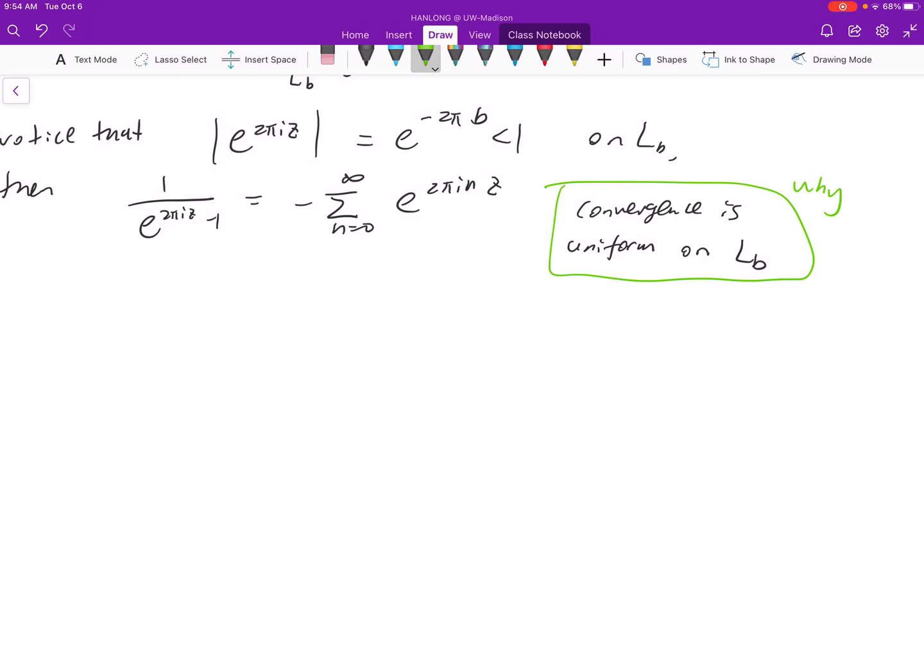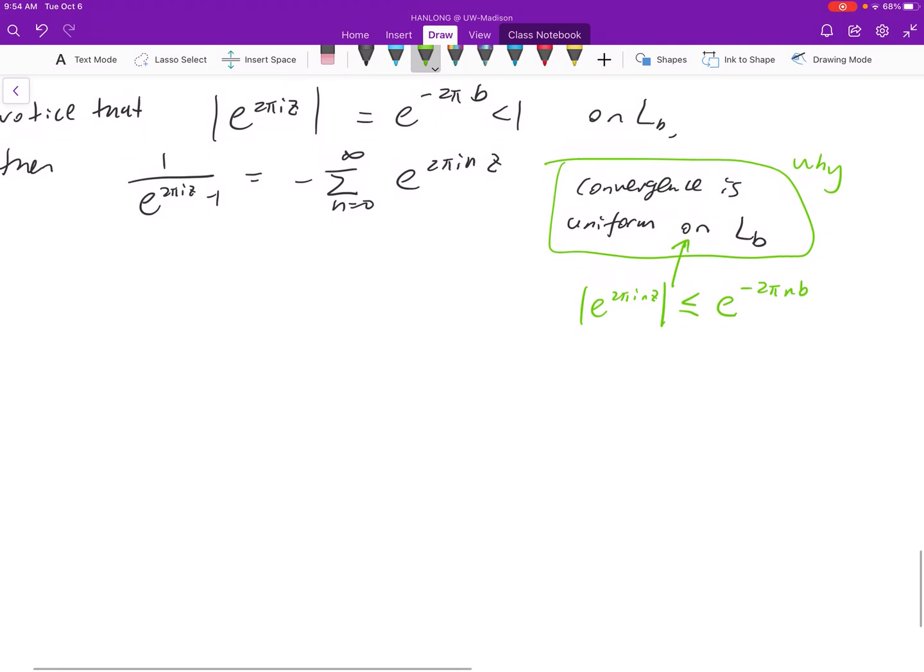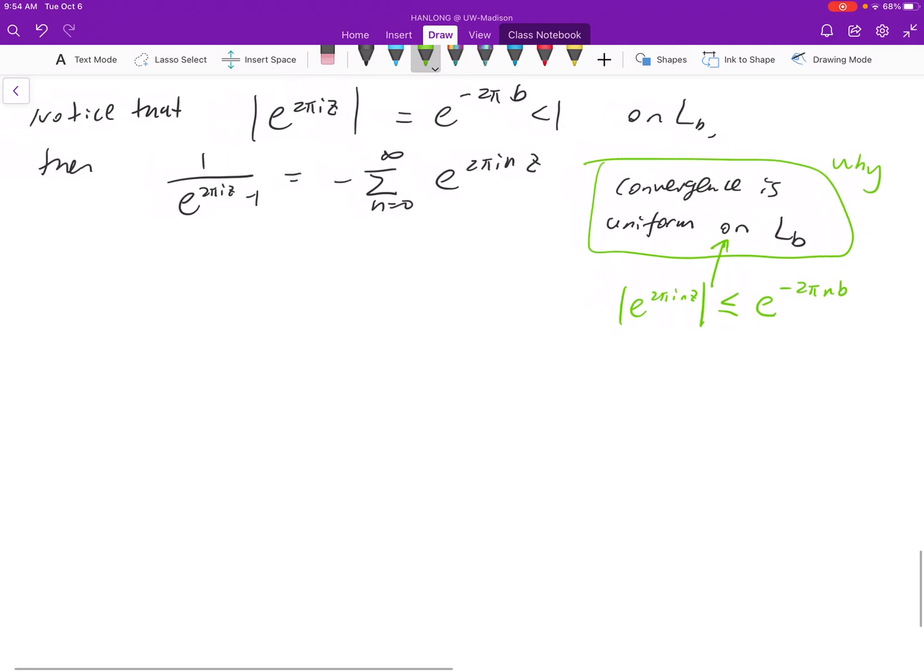Because here the real part of z in the exponential contributes just a phase. The norm of e^{2πinz} is bounded by e^{-2πnb}. So you have power n here, and it converges very fast.